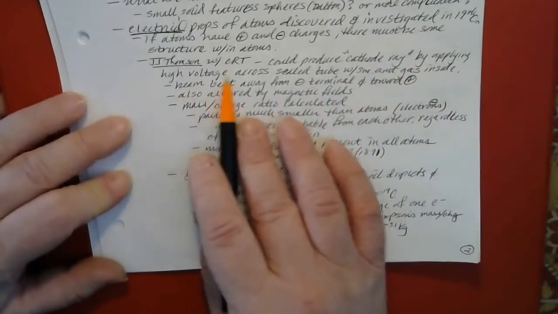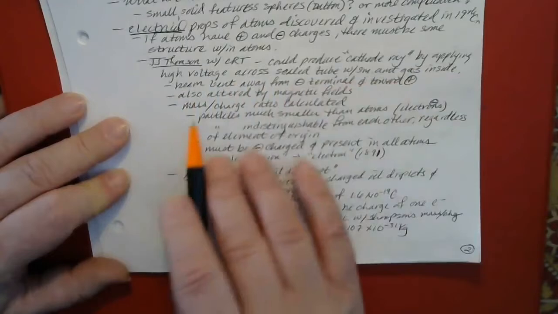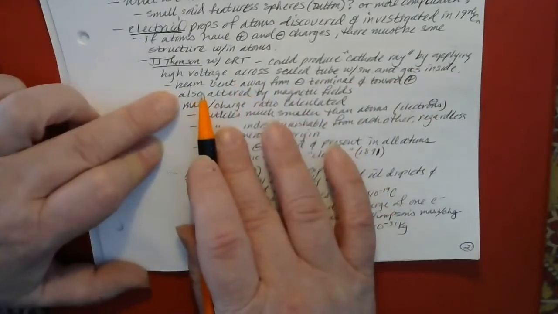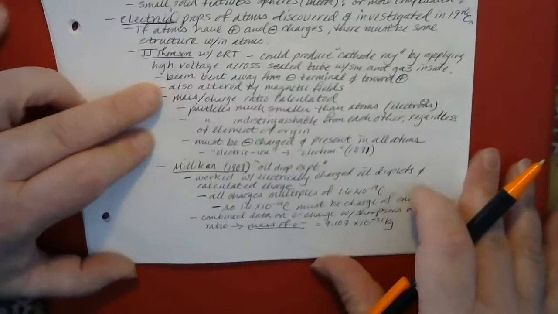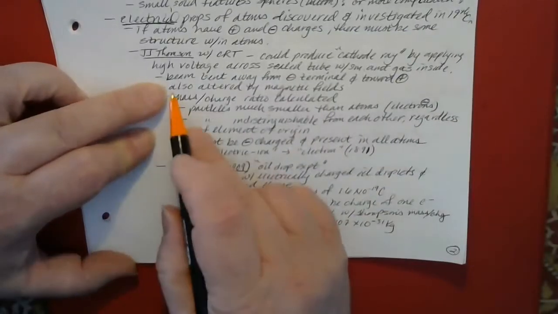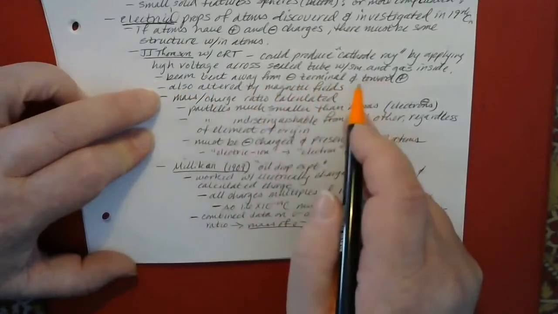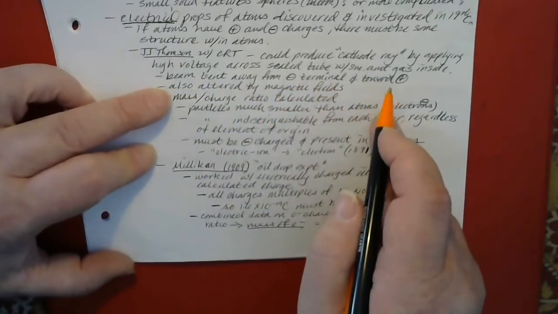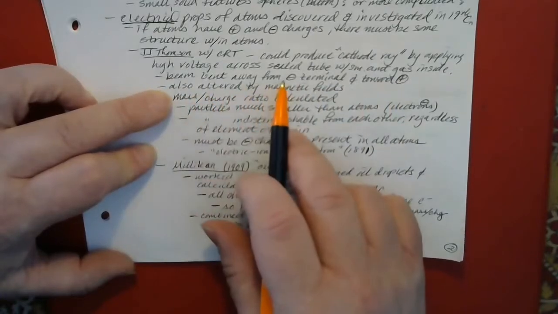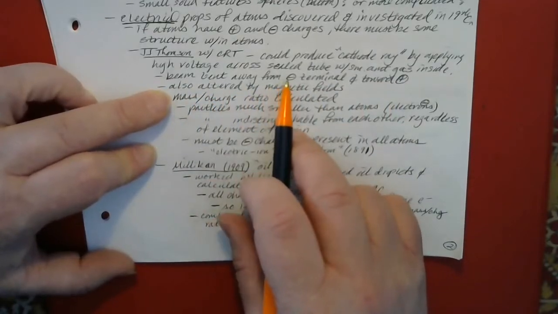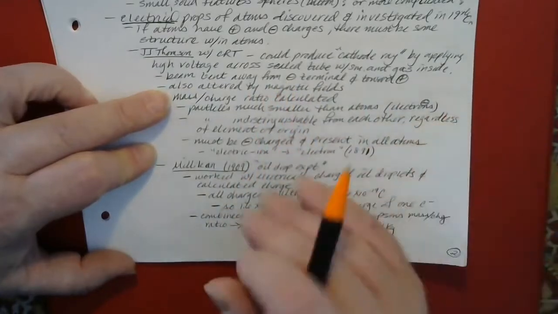Anyway, he applied high voltage across electrodes inside a sealed tube, and he found that the beam, he didn't know yet about electrons, he was just working with these sealed glass tubes, and he found that this beam that he was creating bent away from the negative terminal and toward the positive terminal when he applied voltage to two electrodes, which means that the beam must be made up of negatively charged particles, because like charges repel and opposite charges attract.